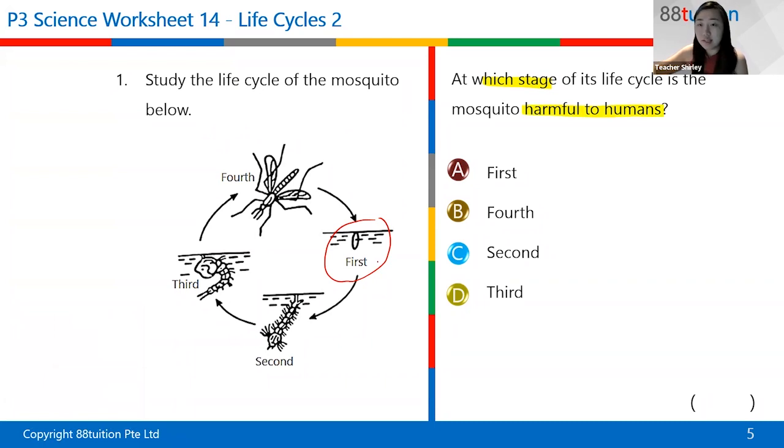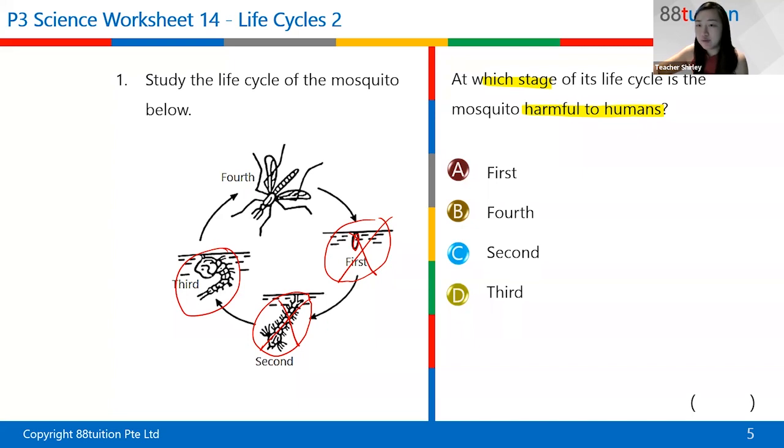First one, is it harmful? It's an egg in the water. Does it harm humans? Claire, what do you think? No. Okay. Shiloh, this one, is it harmful? No. Very good.